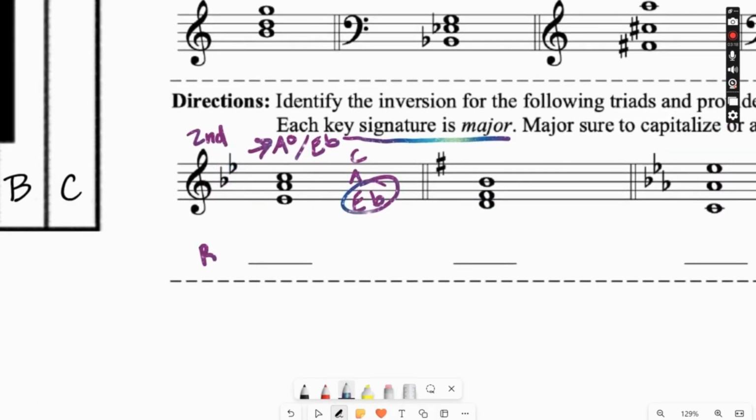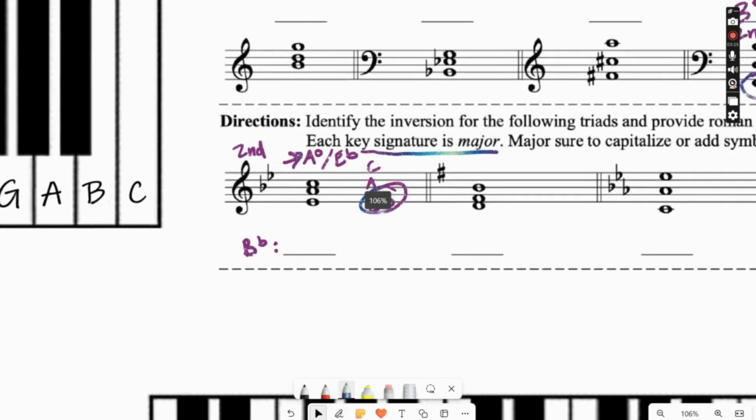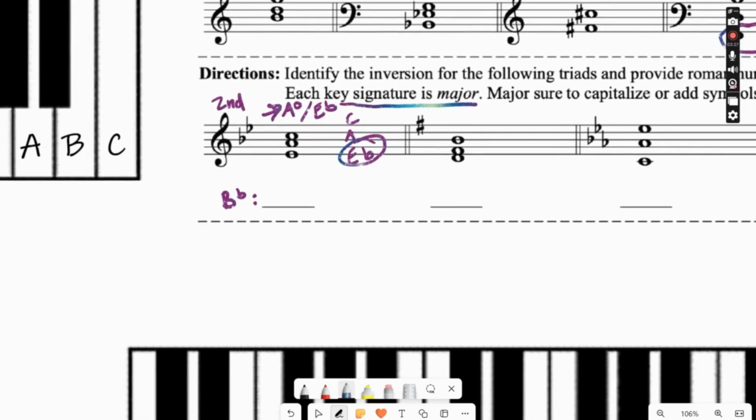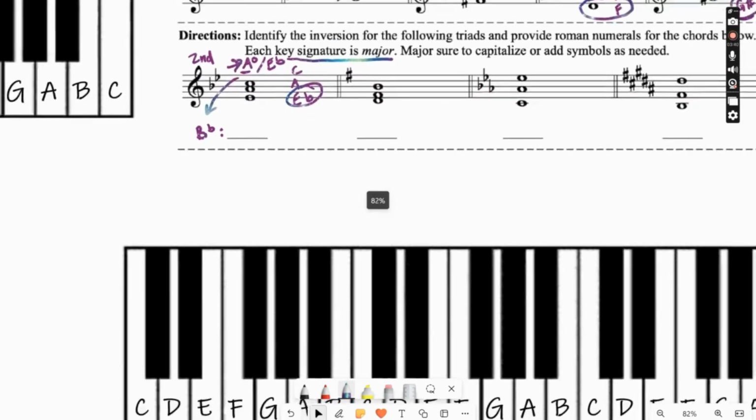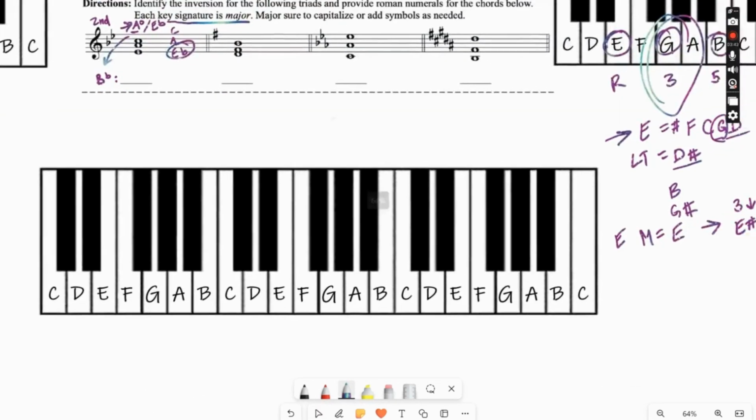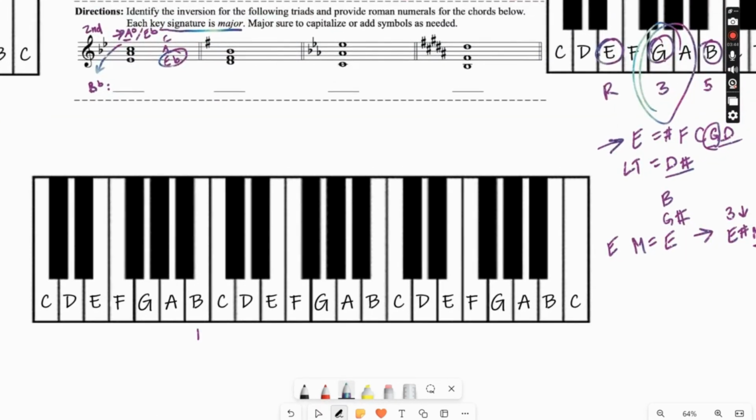So I'm in the key of B flat major, so I need to write a capital B and then a flat and then a colon. Then you ask yourself what scale degree A would be in the key of B flat. If you go on your keyboard and think of B as 1, and then count up until you get to A: 1, 2, 3, 4, 5, 6, 7.